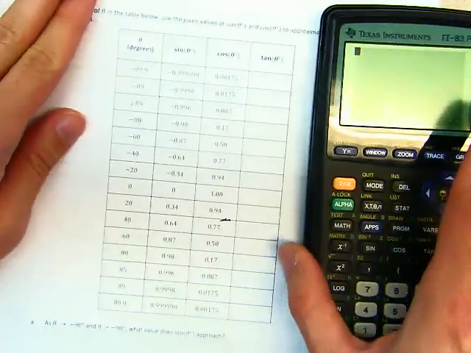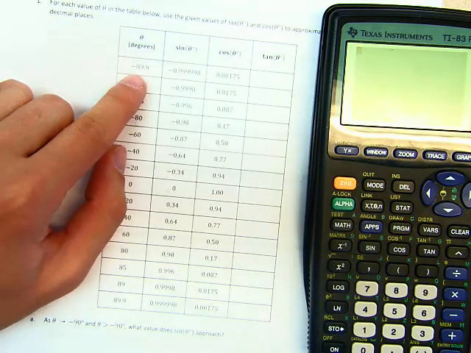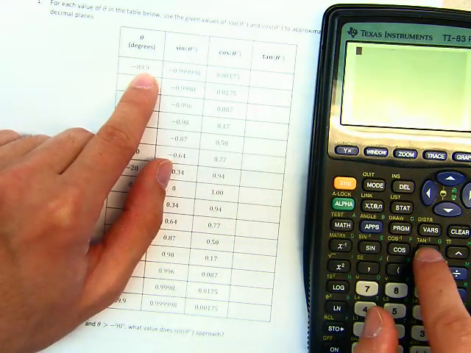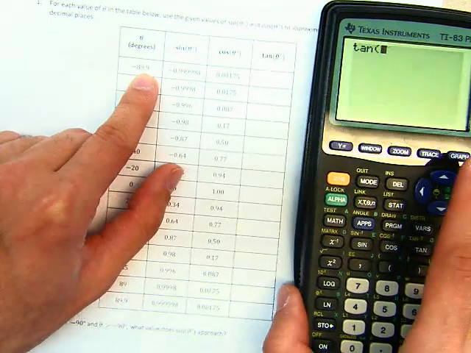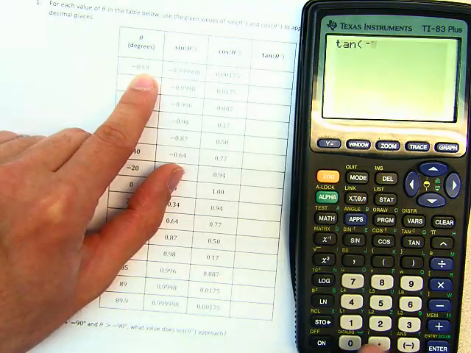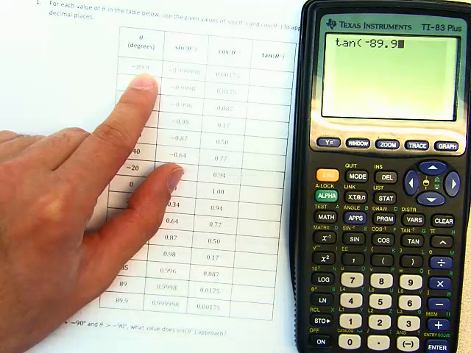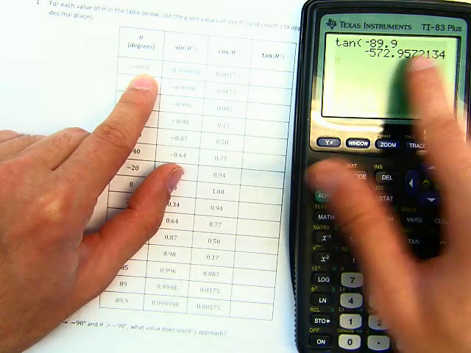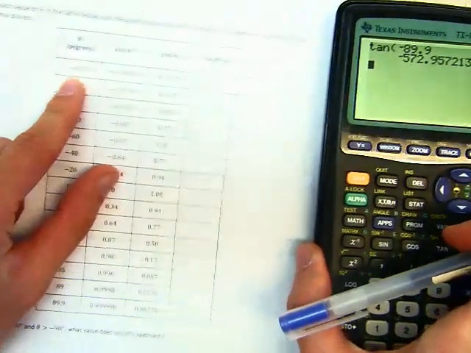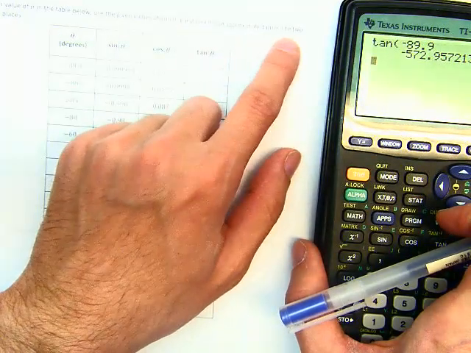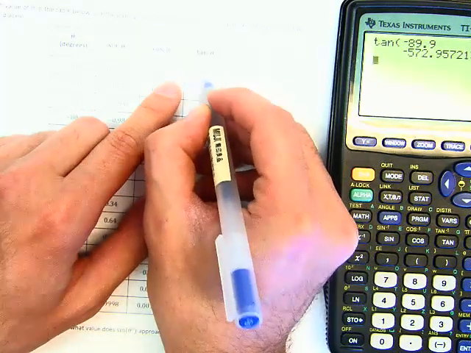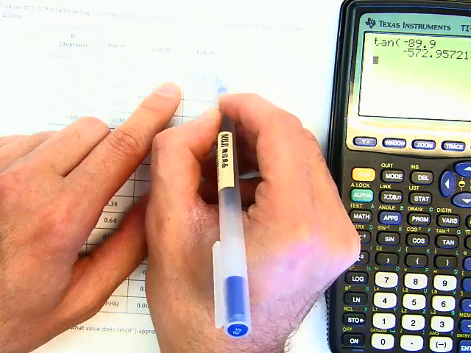And now let's approximate tan theta. So let's plug in this. If I put in tangent over here, and I put in negative 89.9, I get negative 572.95. Here it's saying approximate to 2 decimal places, so we could just write negative 572.96.